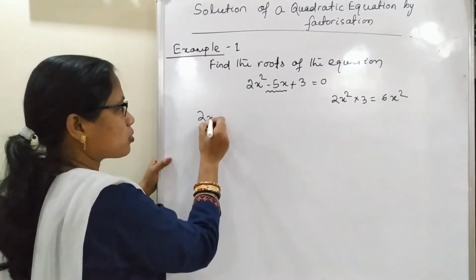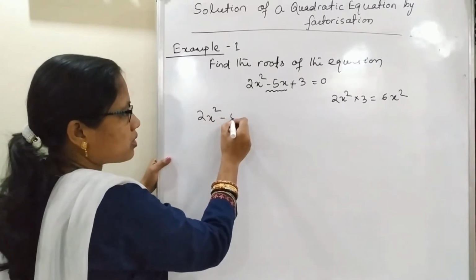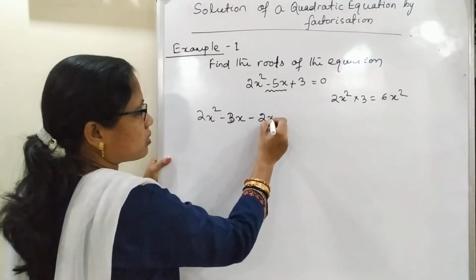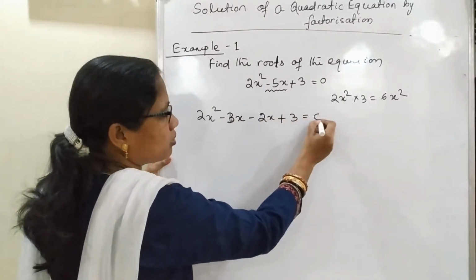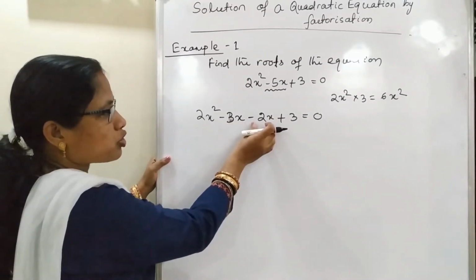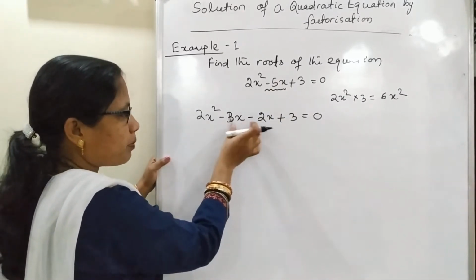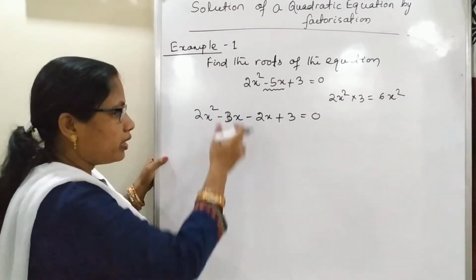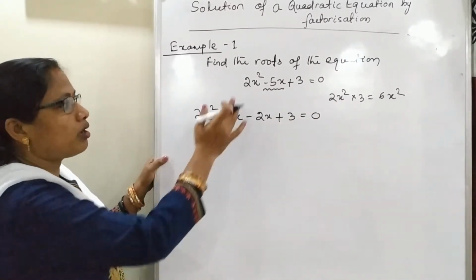So 2x square minus 3x minus 2x plus 3 is equal to 0. Here the sum of minus 3x and minus 2x is minus 5x and the product of minus 3x and minus 2x is 6x square. In this way you have to split the middle term.